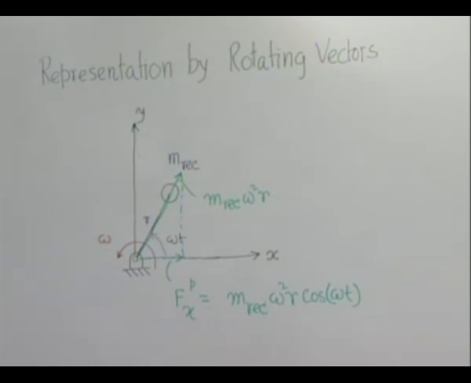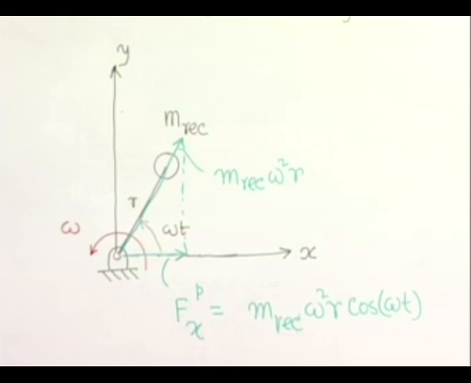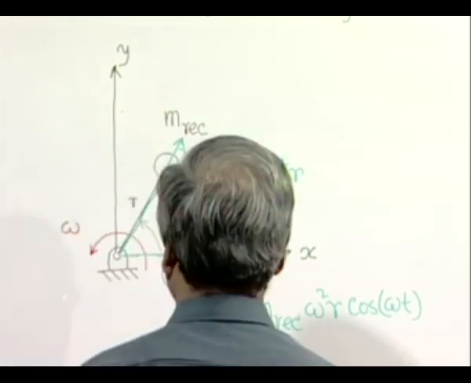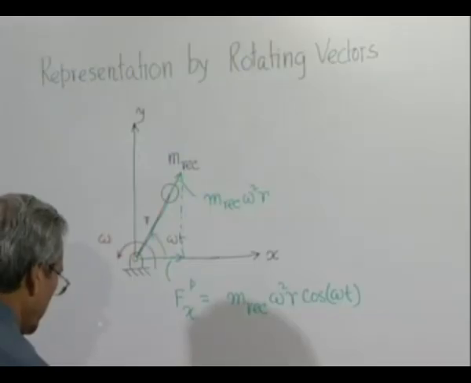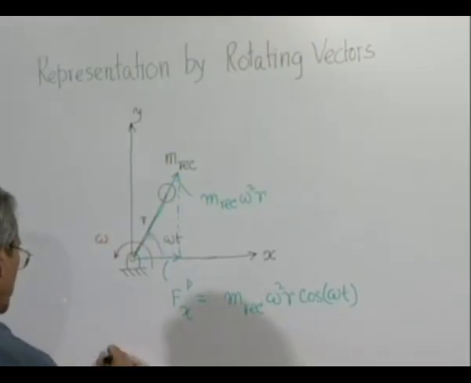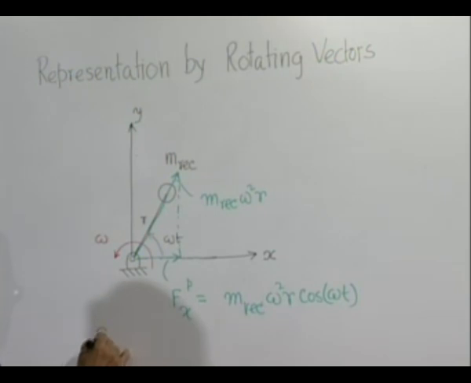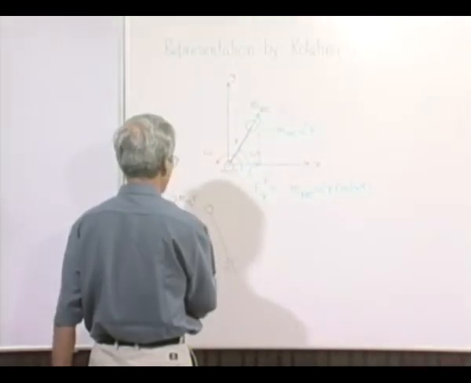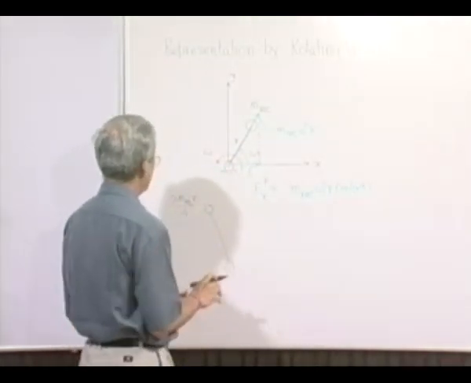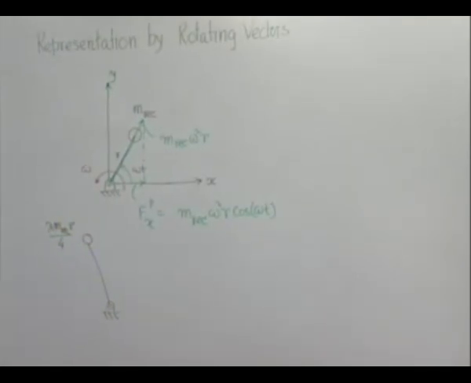Now, if this is the primary component of the unbalanced force produced in the system, what about the secondary? To represent the secondary one, we use another crank and we keep the mass, which is lambda m reciprocating by 4, not r, sorry, at an r distance.